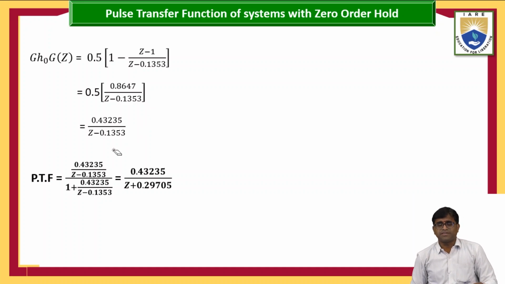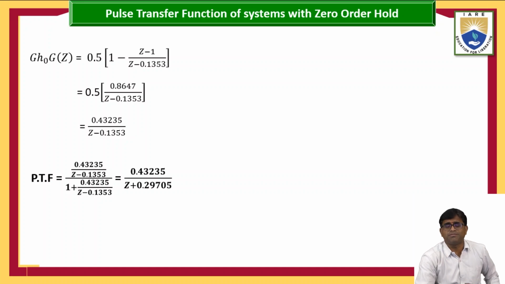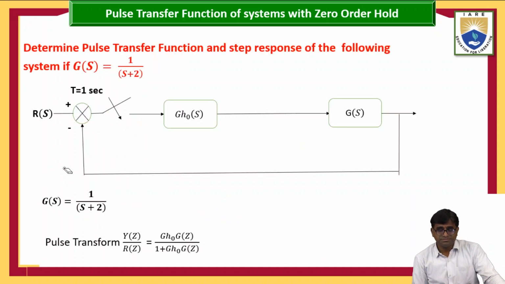After that, what is your function? The pulse transfer function is only for the forward path, G into H naught into G of Z. You have a feedback path also, with unity feedback. So 0.43235 by z minus 0.1353 by 1. What is the feedback here?